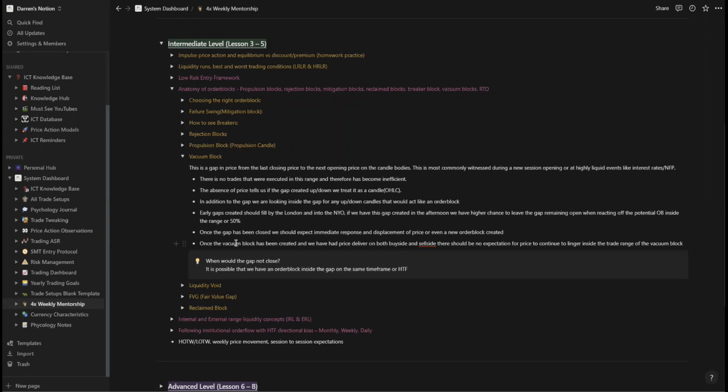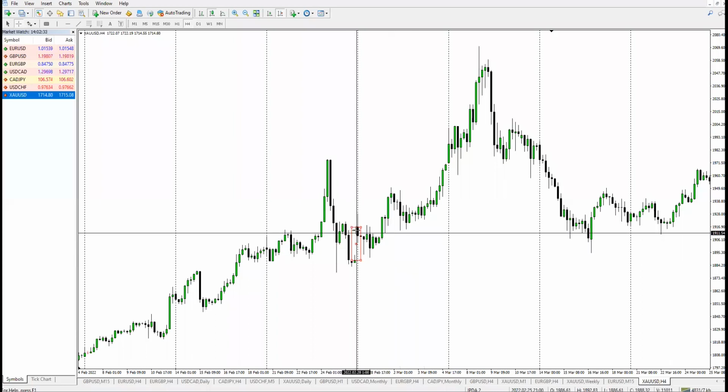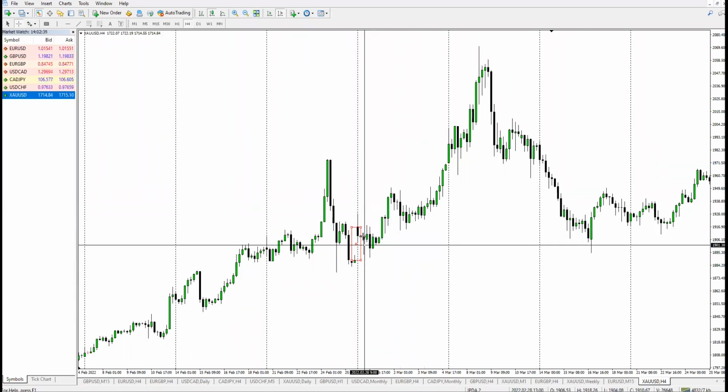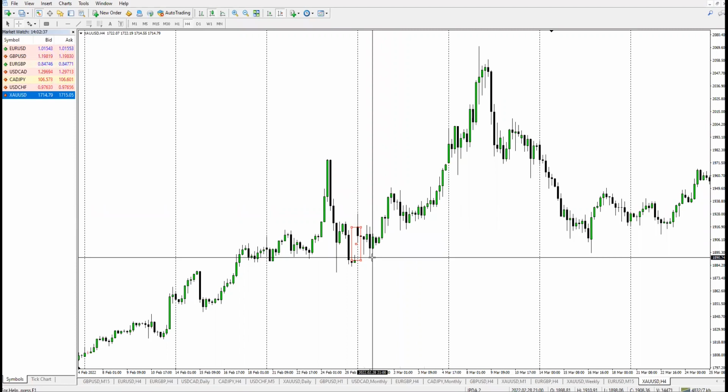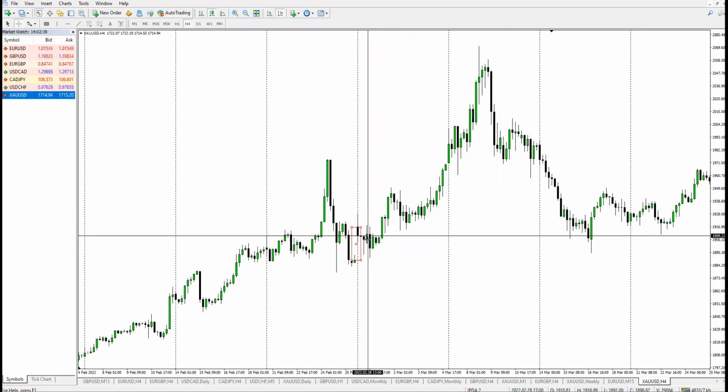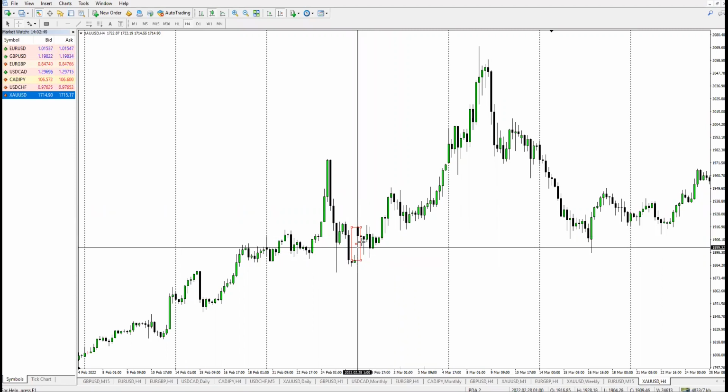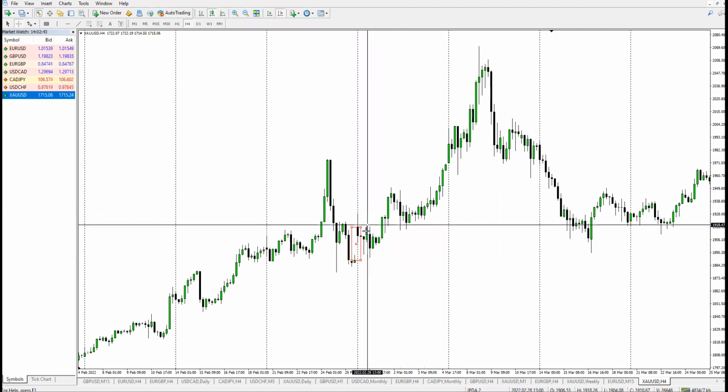Okay, once the gap has been closed, we could expect an immediate response and displacement of price, or even a new order block to be created off of that zone. Because it gapped up, a new order block forms at that gap. So the gap closed, boom, new order block.